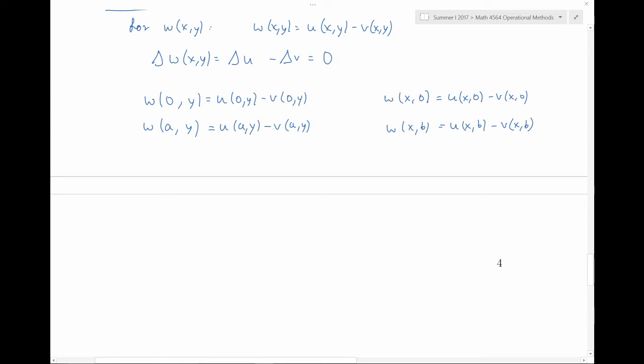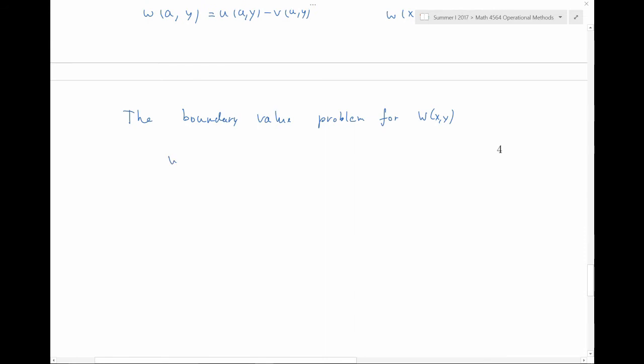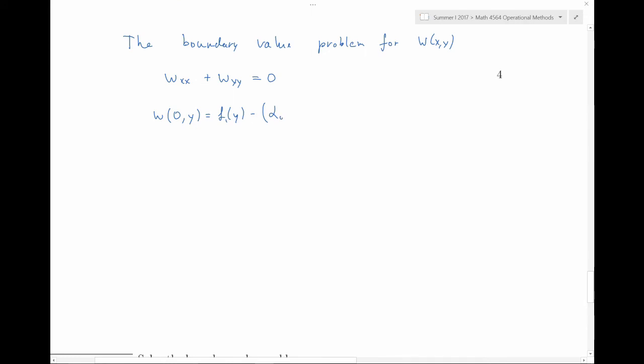By plugging in the conditions, we get a new boundary value problem for w. We have that w xx plus wyy should be 0. At the boundary x equals 0, w equals f1 of y minus alpha naught plus alpha 2y.